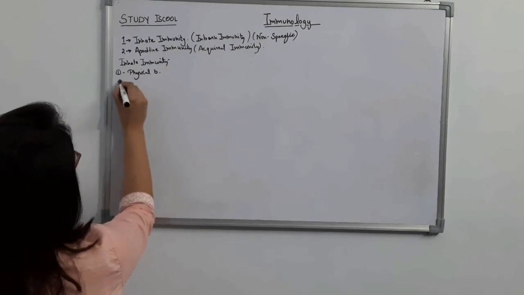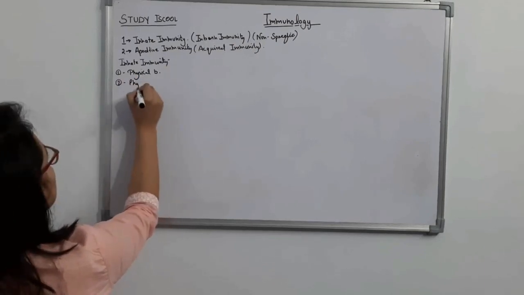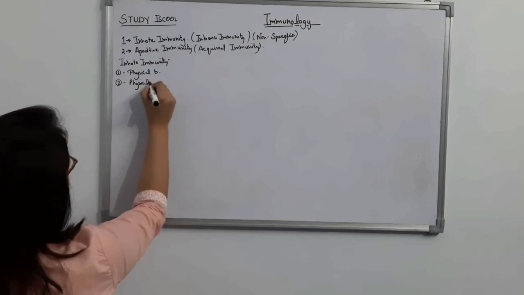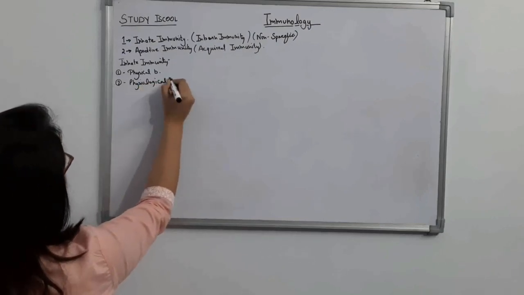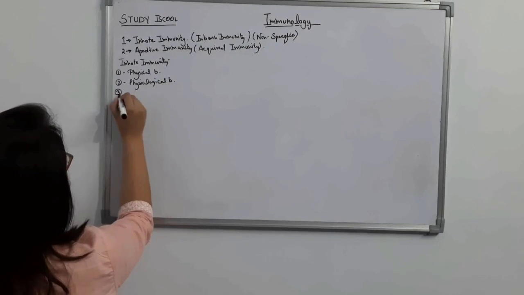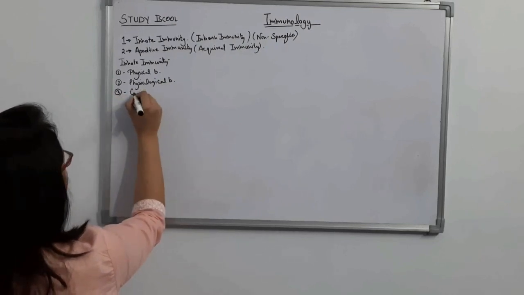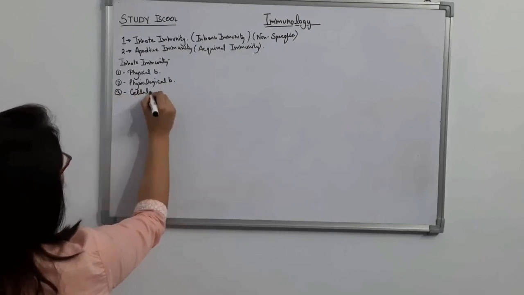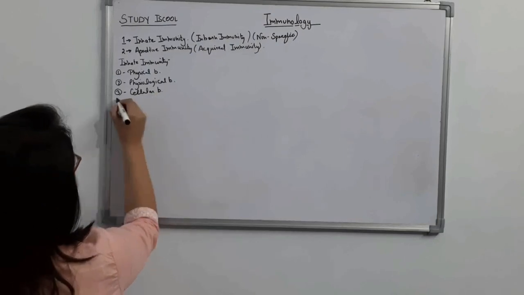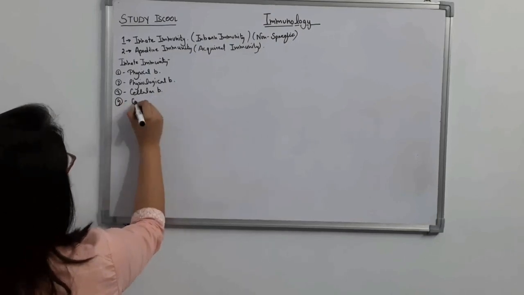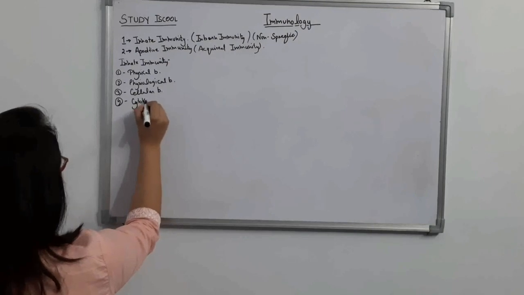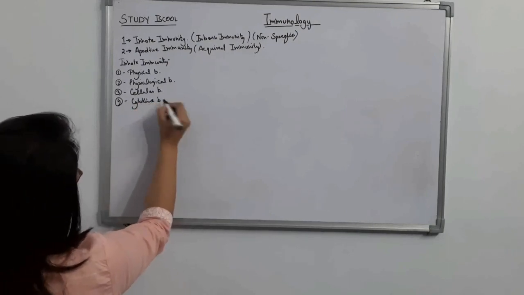Number 1 is physical barrier. Number 2 is physiological barrier. Number 3 is cellular barrier. Number 4 is cytokine barrier.